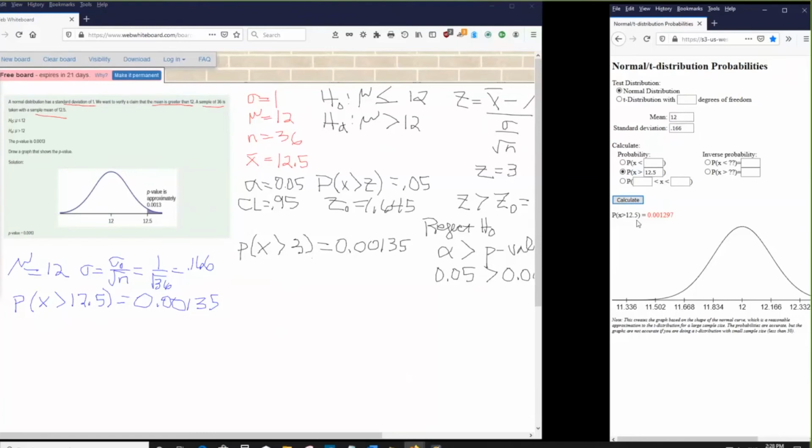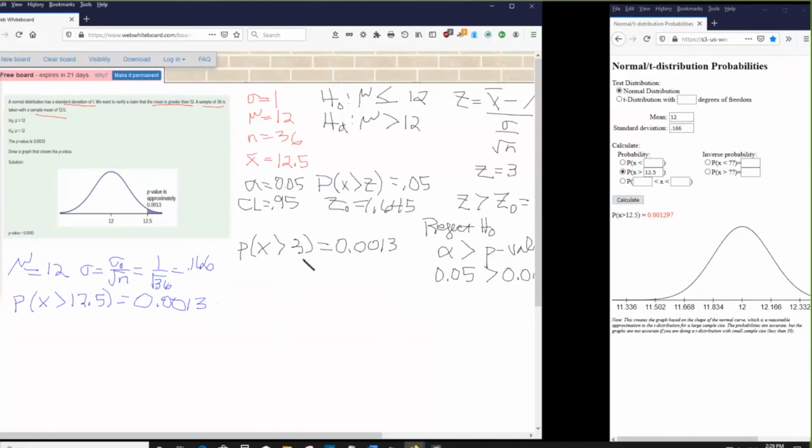And we can see that it gave us just slightly different, but both of these gave us 0.13.